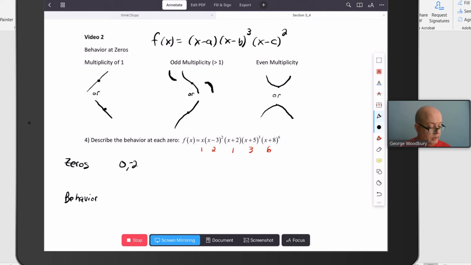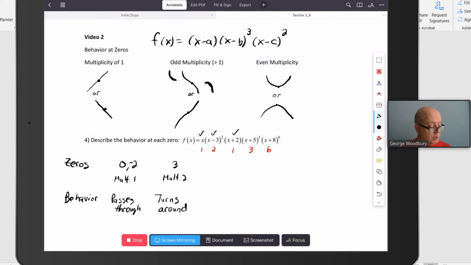the 0 and negative 2 are two roots that have multiplicity 1. And that means that the graph passes straight through. So I've taken care of that one and that one. X minus 3 squared, so that zero is 3. Its multiplicity is 2. And the graph is going to turn around at that root.